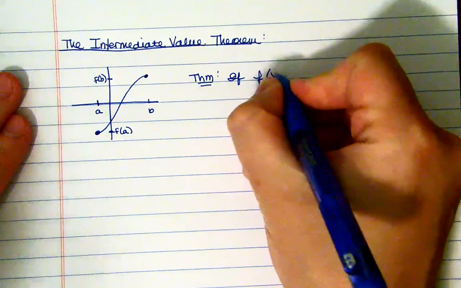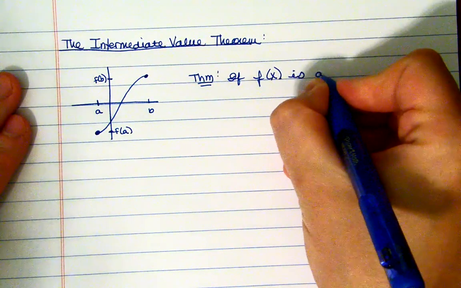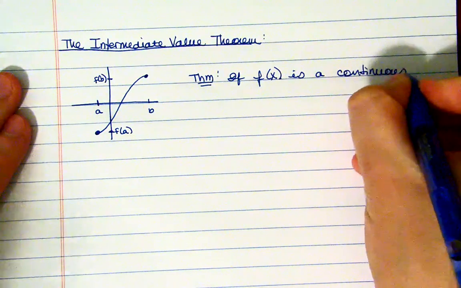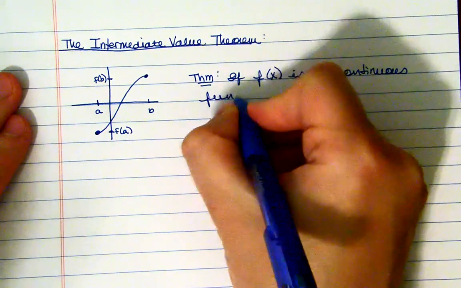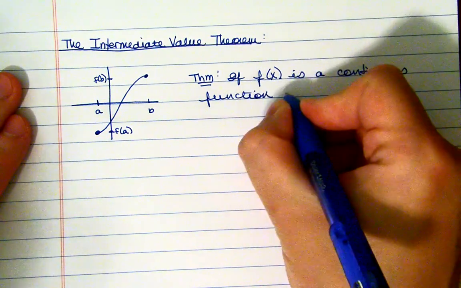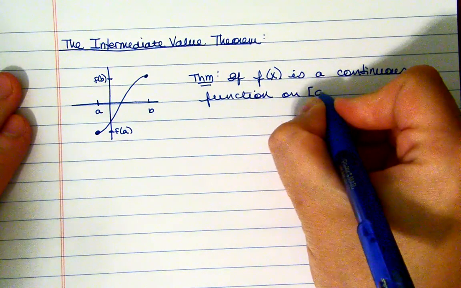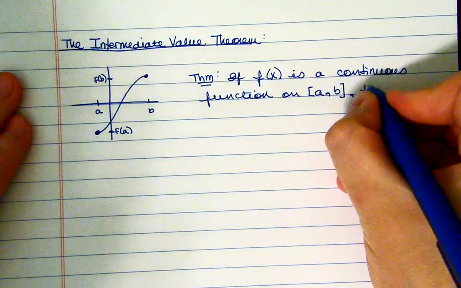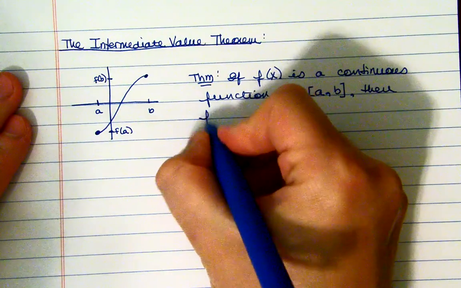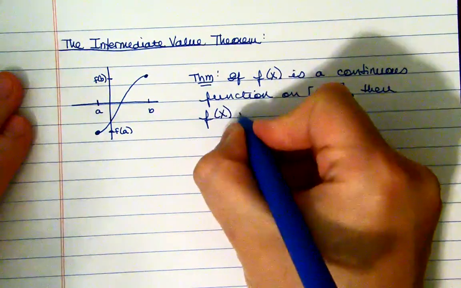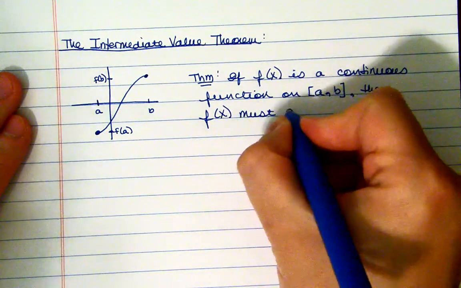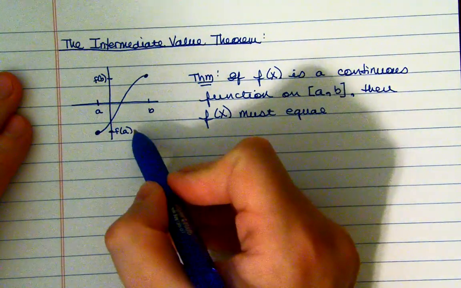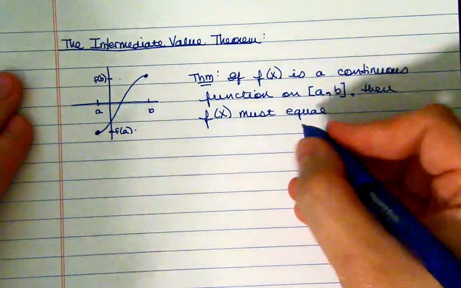If f of x is a continuous function on the interval from a to b, then f of x must equal all the y values from f of a up to f of b.